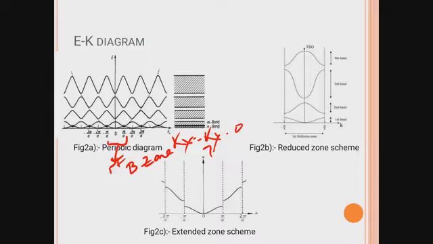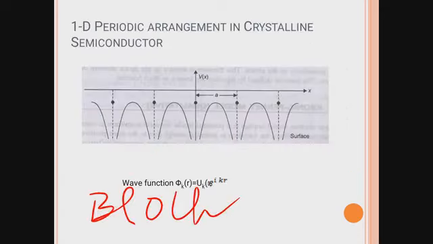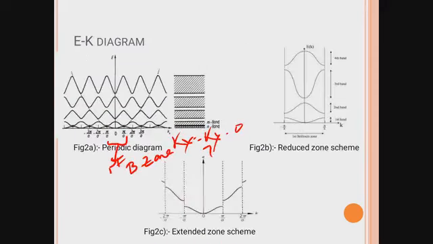In case of extended zone scheme, we can see this is the lowermost portion, and all of these are the discontinuities which are coming out from the periodic structures for different Brillouin zones.